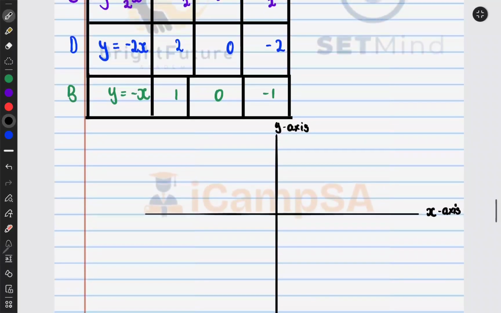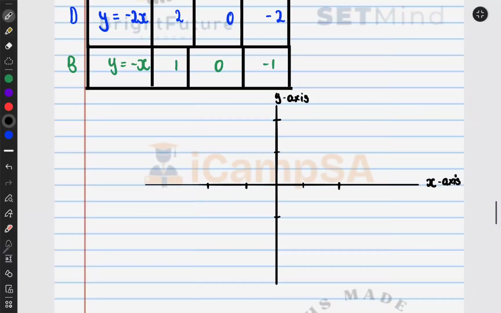So we're going to have 1 and 2, and then 1, 2. This is 1, 2, 1, 2, negative 1, negative 2, negative 1, negative 2.